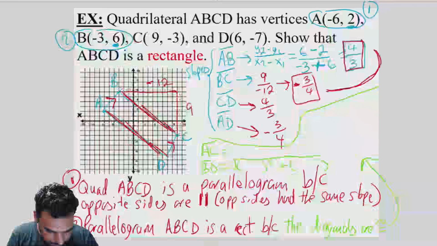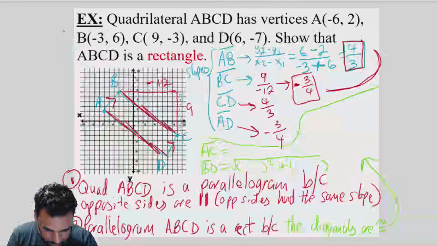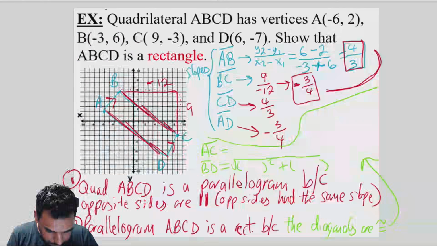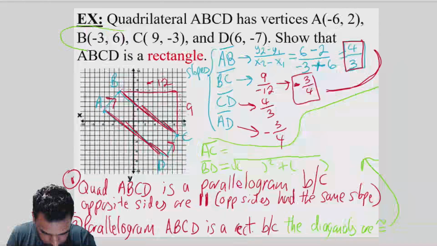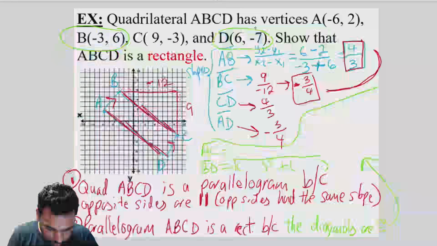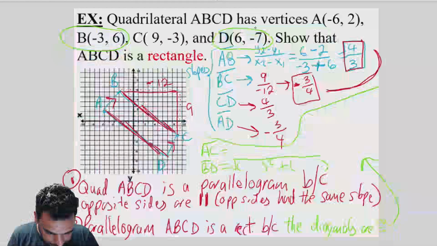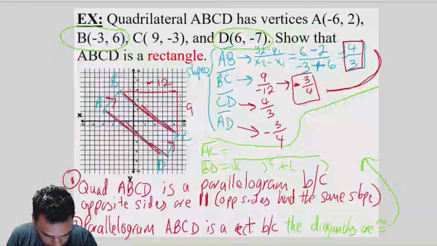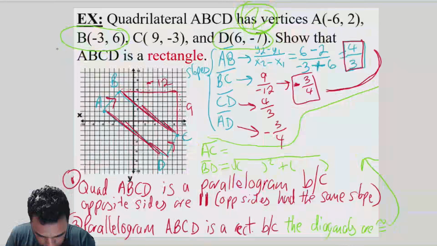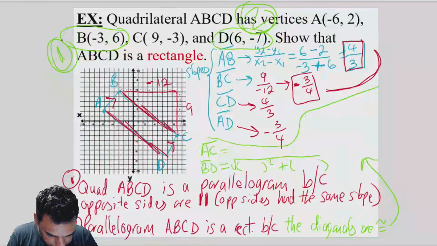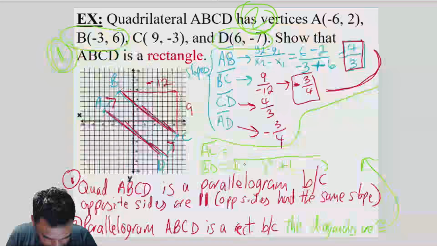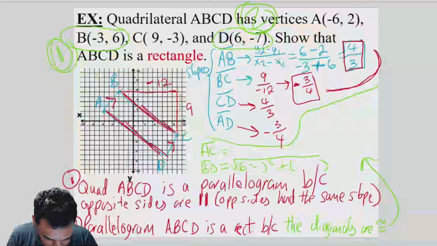I'm going to erase this now because now I'm going to change the two sides that I'm going to use. I'm using B, which is this one, and D, which is that one. X2 minus x1. I could do the y's first, but anyway, x2 minus x1. So I'm going to call this one my 2, and I'm going to call this one my 1. So x2 is 6 minus x1 is negative 3.